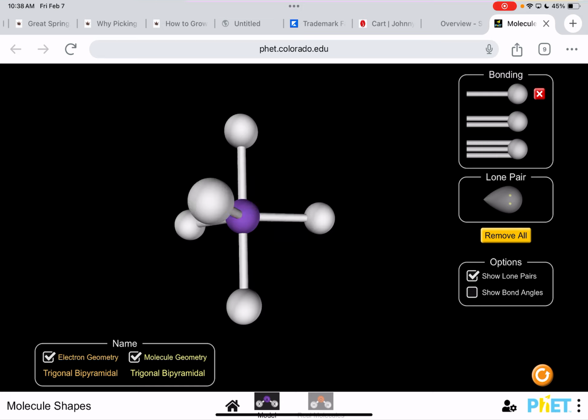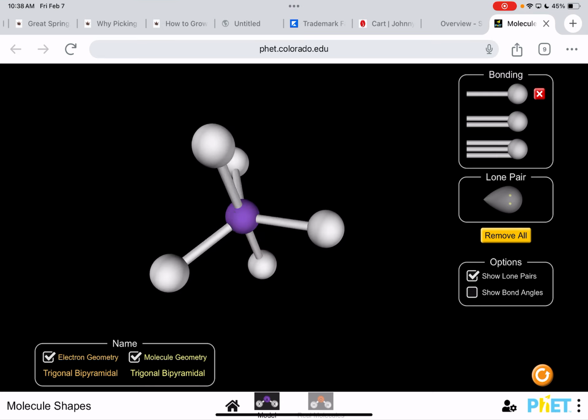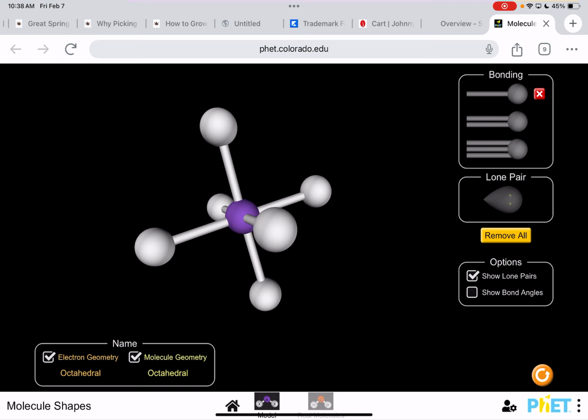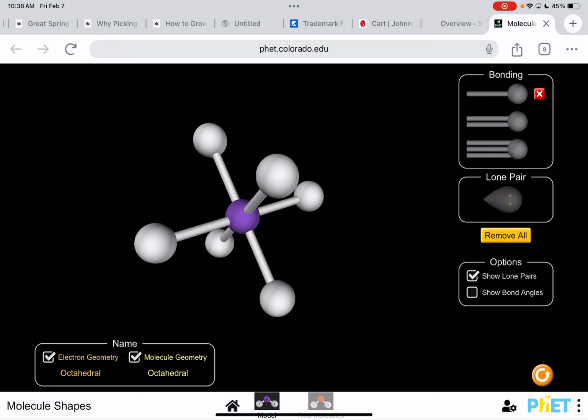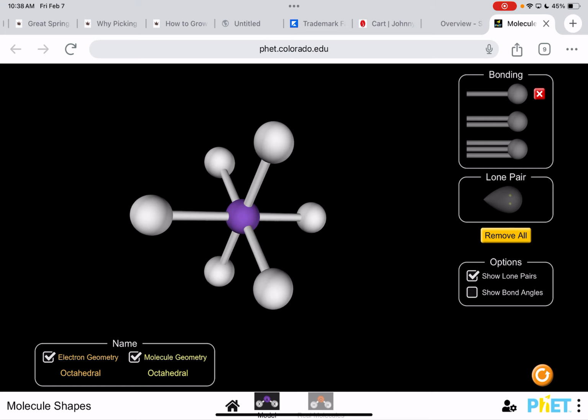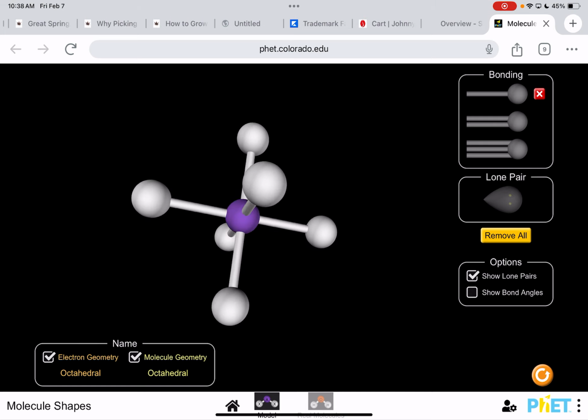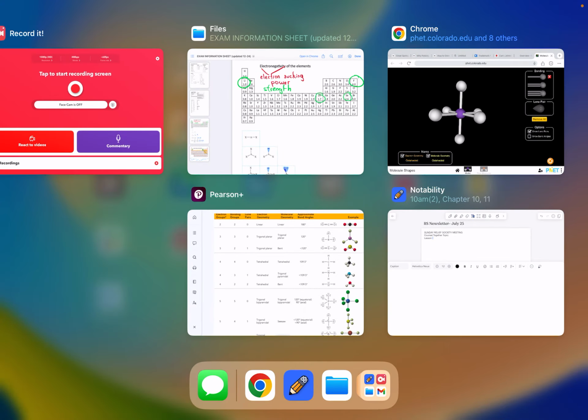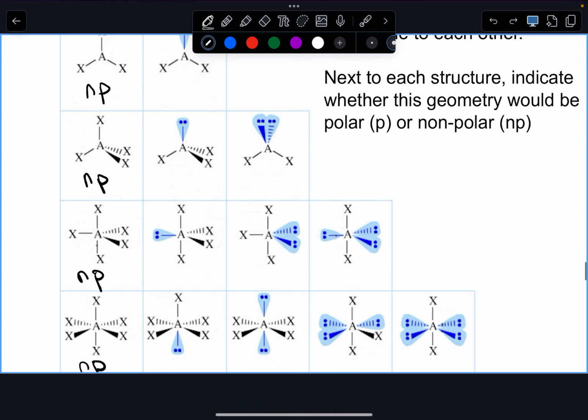It's pretty much like having a linear combined with a trigonal planar. And then 6, those are all directly across from each other. It's like having 3 linear things combined. So if there's no lone pair on the central atom and all those external atoms are the same, it's not polar. Once you throw in a different atom, then, you know, all bets are off.